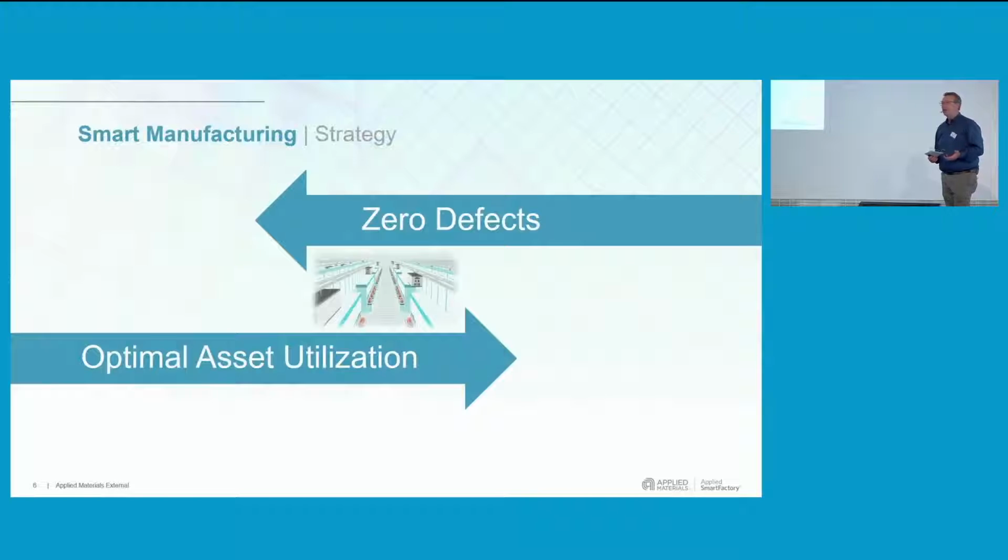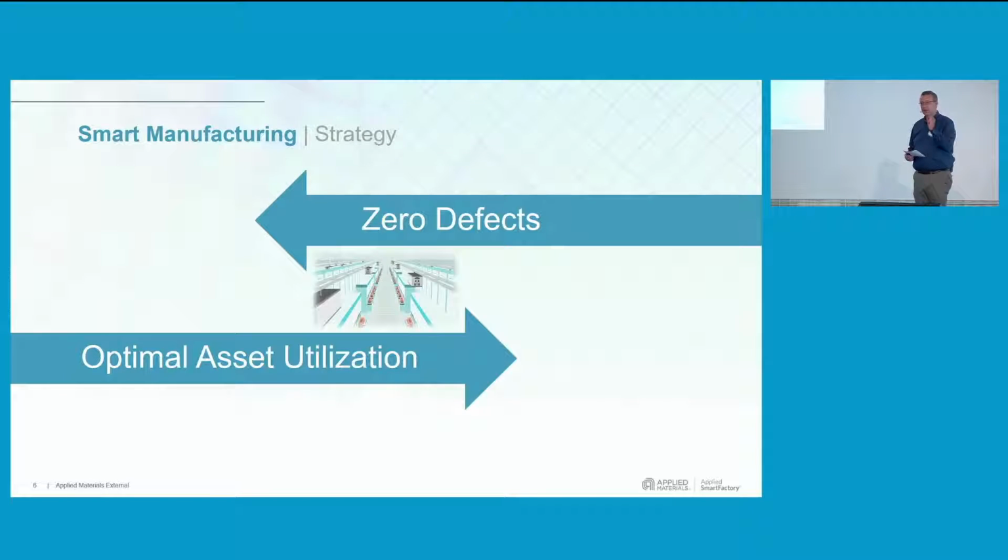We often get asked, what does Industry 4.0 mean to you? And we have to distill it down to business objectives. The business objectives for us are about smart manufacturing. And we define that in two simple ways.